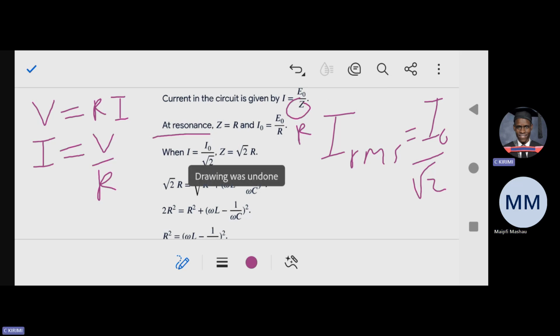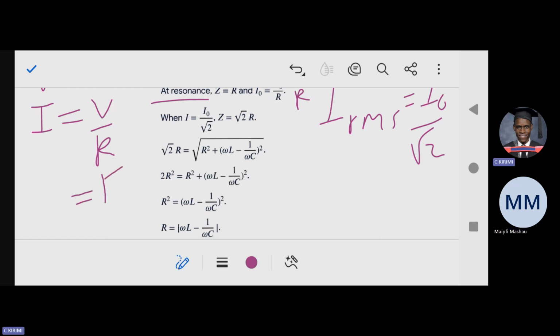Then, because we are given an inductor, capacitor, resistor circuit, an LCR circuit, which means it has those components, where there's V we now replace the V with the E naught.